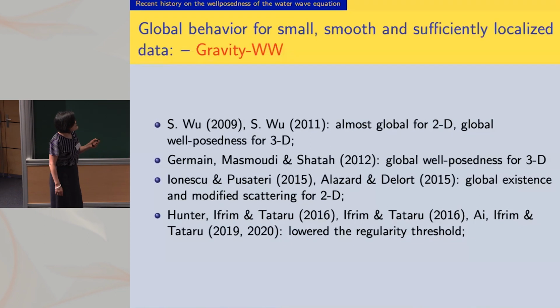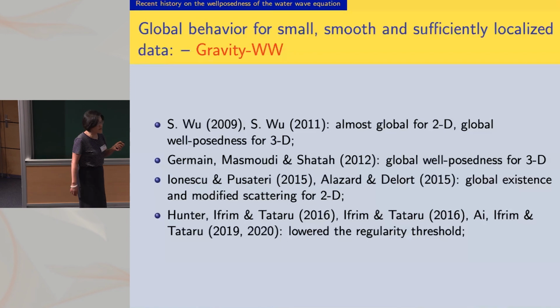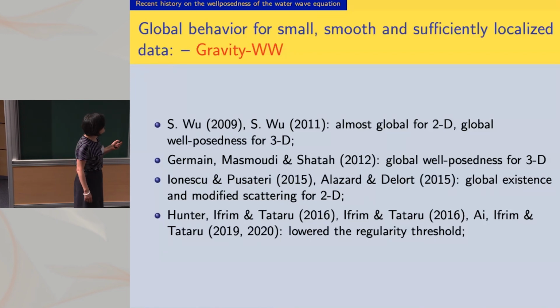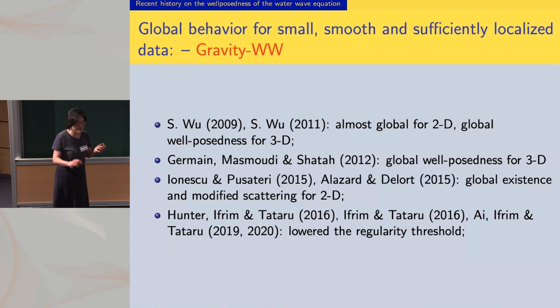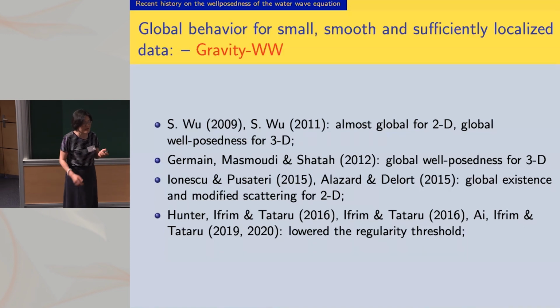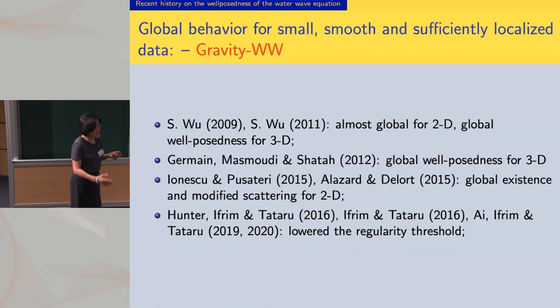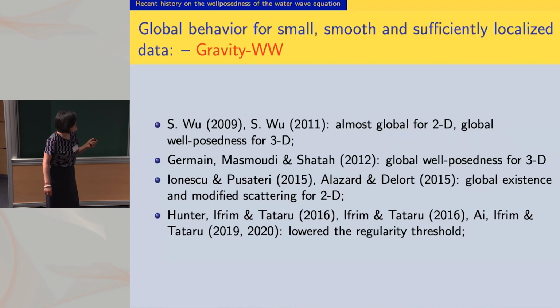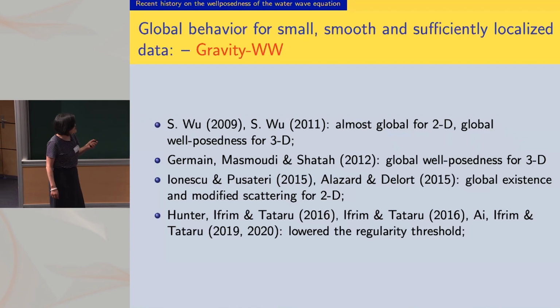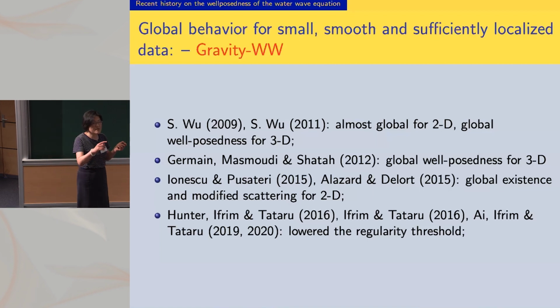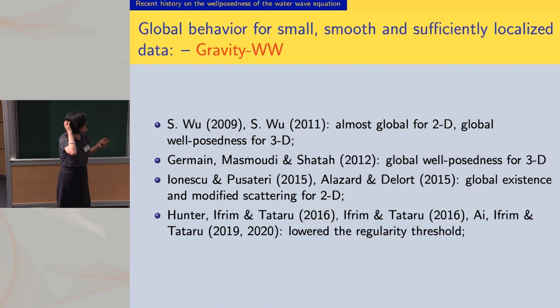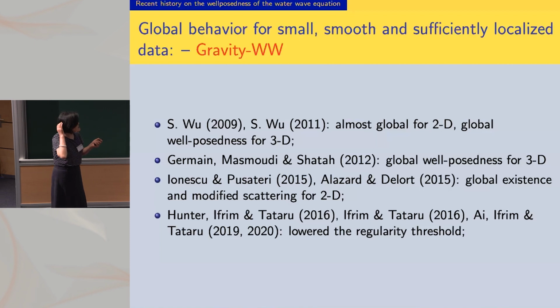Then there are also quite a few works on global in-time behavior, but for small localized data, in the same direction as what Daniel Tataru talked about this morning. For the 2D case, the time decay is t to the minus 1/2, and in 3D, the decay rate is t to the minus 1.